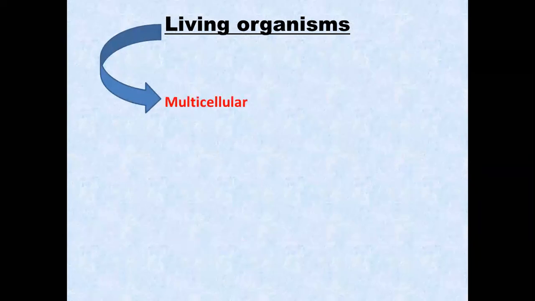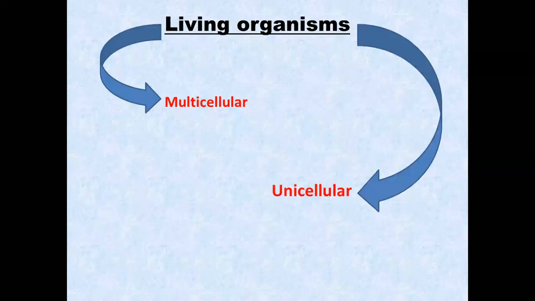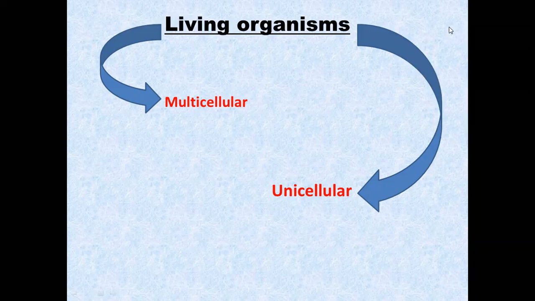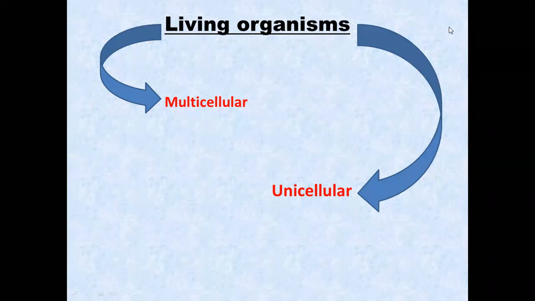The first one is called multicellular, and the second type is called unicellular. No, Layla, the function of sap vacuole is not with us in the exam. It's not a part of our curriculum.